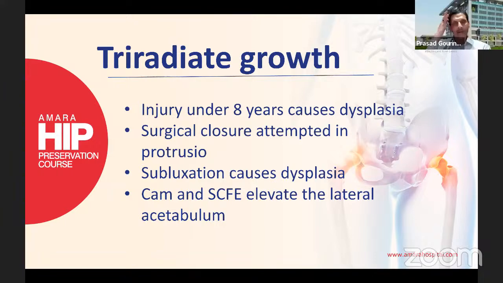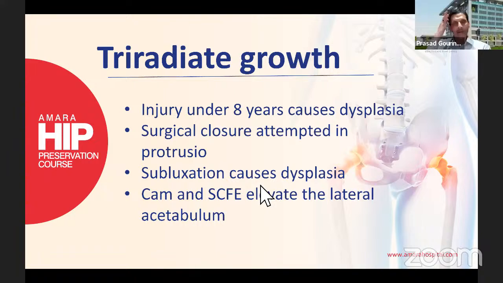There is a surgical procedure that surgically closes the triradiate cartilage in an attempt to correct protrusio. You can actually treat protrusio by fusing the triradiate cartilage and causing dysplasia. That will compensate for the initial protrusio. So with subluxation of a hip in a growing child, the head is not pushing on the triradiate cartilage to make it grow round.